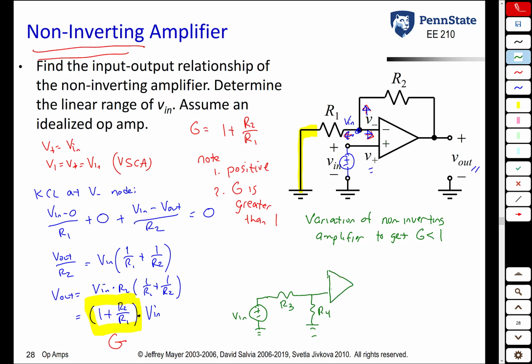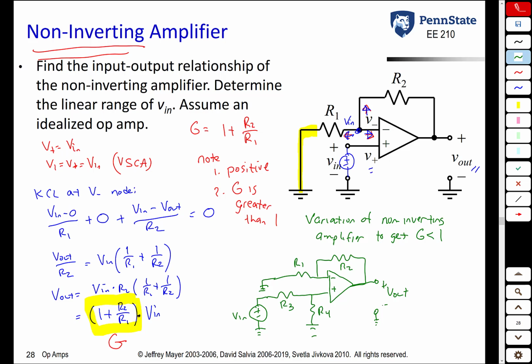Put that to the non-inverting input, and then at the inverting input, we still have our resistor R1 connected to ground, and we still have our feedback resistor R2 connected between the output and the inverting terminal. And of course, V out is measured with respect to ground like that.